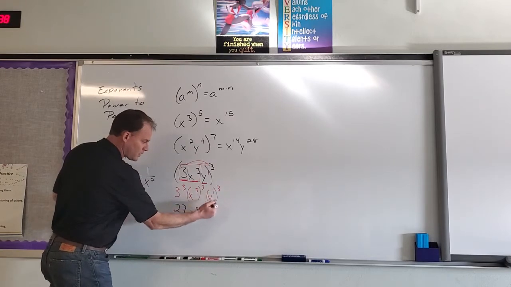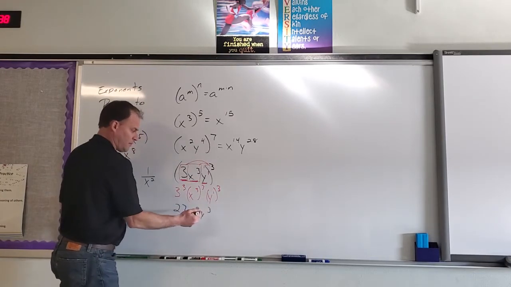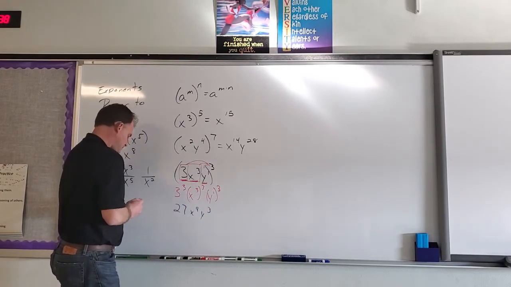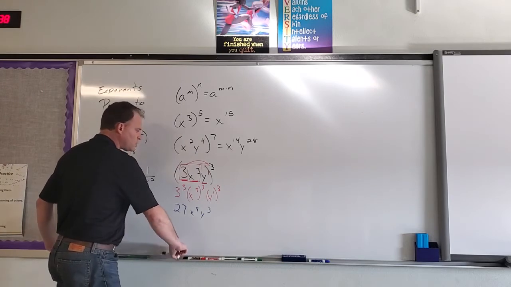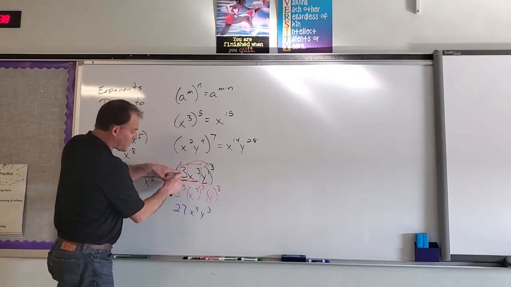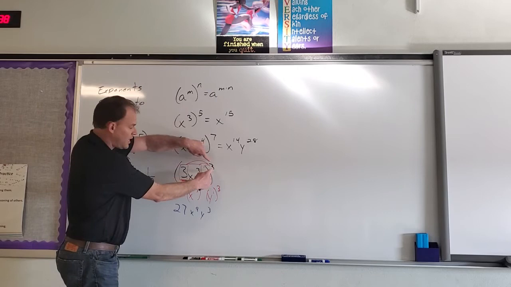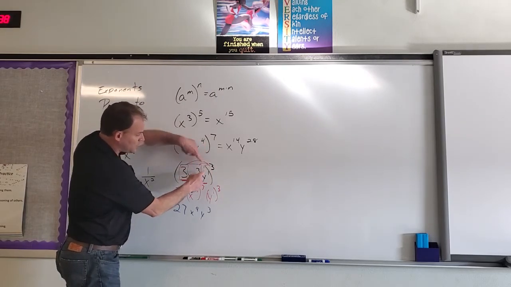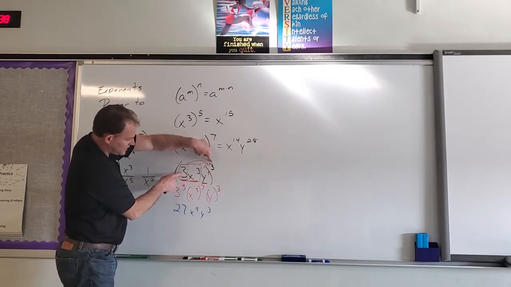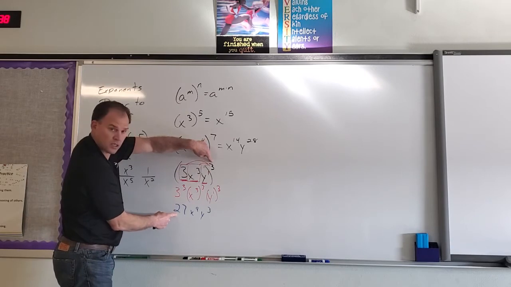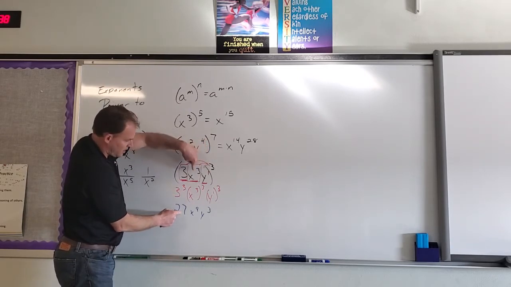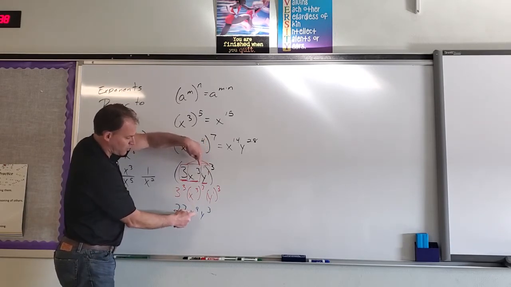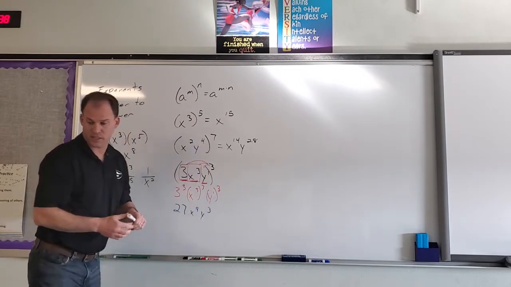And then here, 3 times 1 is 3. So don't get confused between doing 3 to the 3rd power and x cubed to the 3rd power. This is a coefficient. Use a calculator. This is power to a power rule. Just multiply the exponents together.